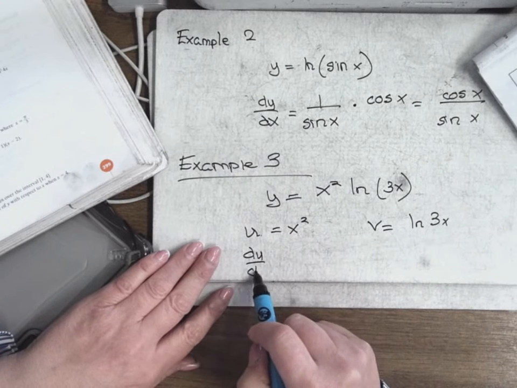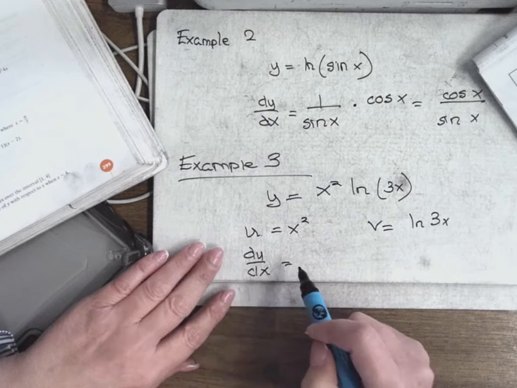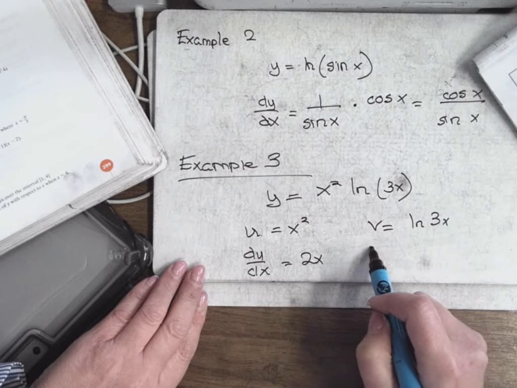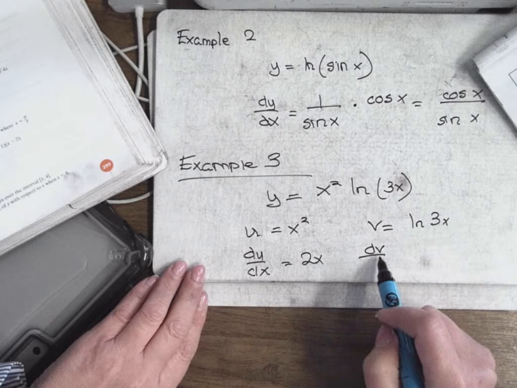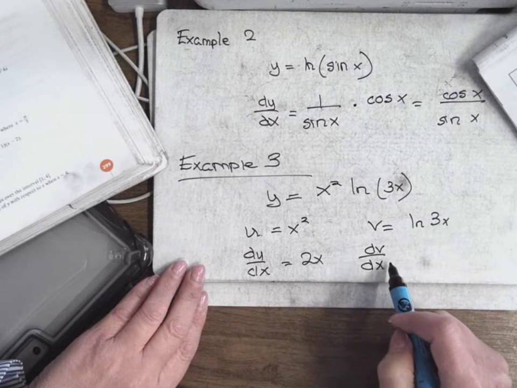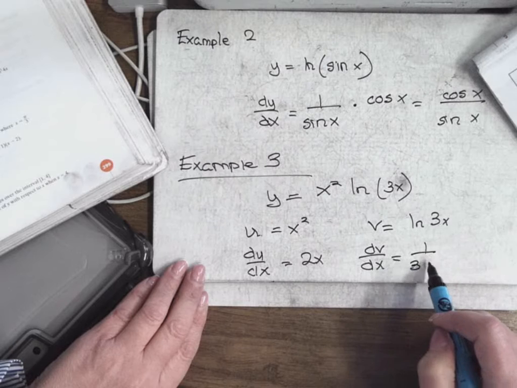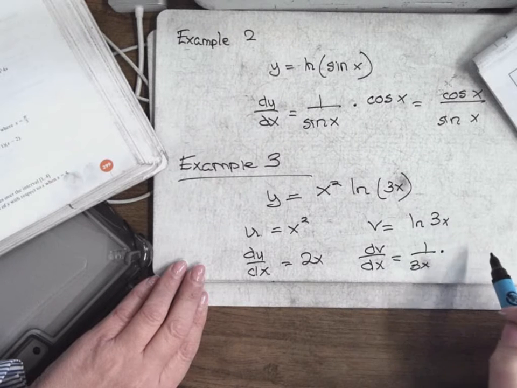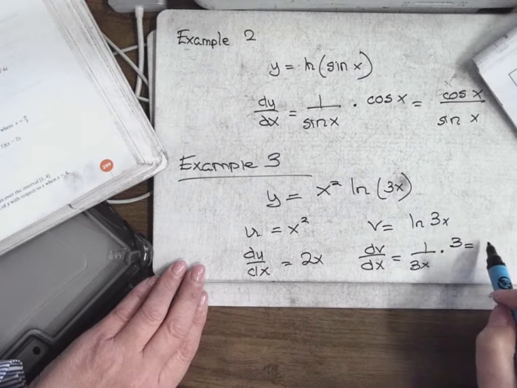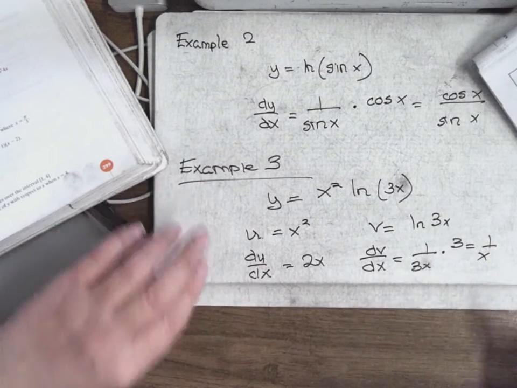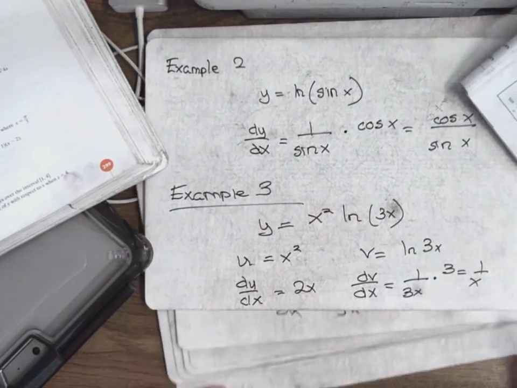When I differentiate x squared, what will I get? 2x. Differentiate v and call it dv/dx. What will I get? 1 over 3x multiplied by 3, which simplifies to just 1 over x, because the 3 at the top and the 3 at the bottom cancel.